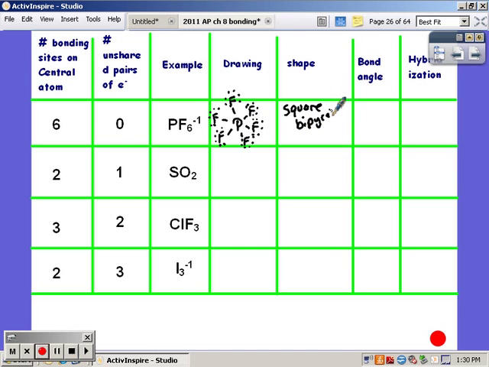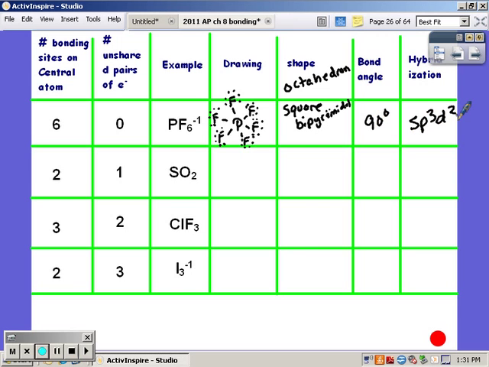Have a square in the center and 2 pyramids, top and bottom. It can also be referred to as octahedral. And your bond angles are still 90. 6 things still coming off, so still sp3d2.